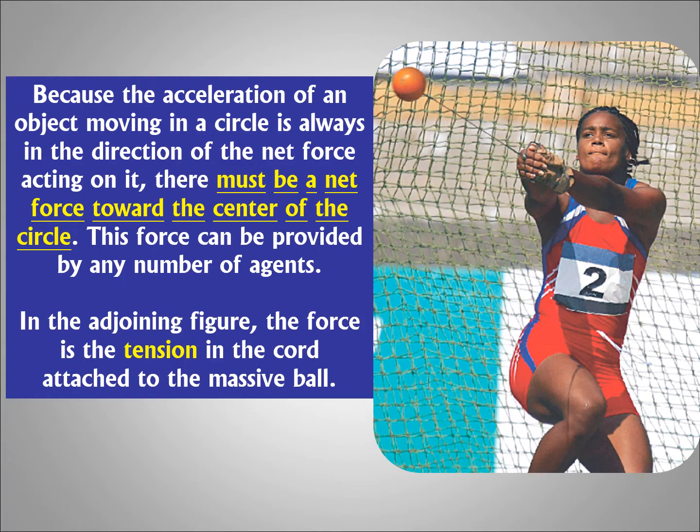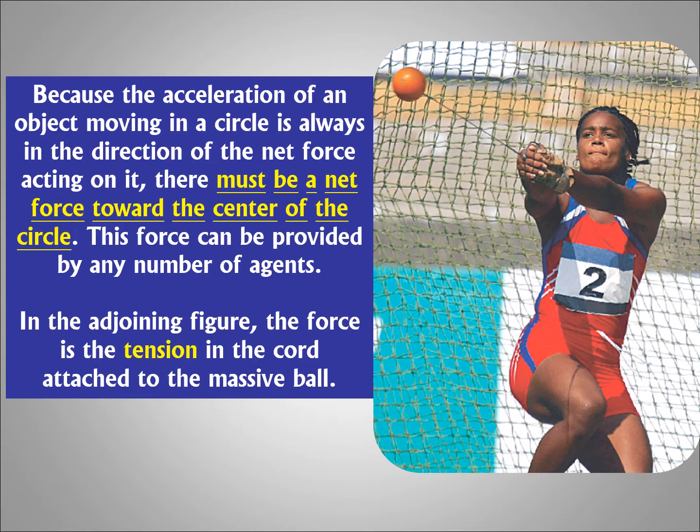Because centripetal acceleration is always toward the center, there must be a net force toward the center whenever something is moving in a circle. This force can be provided by a number of things. For example, in this image it could be provided by the tension in the cord that is holding the massive ball before she launches it.